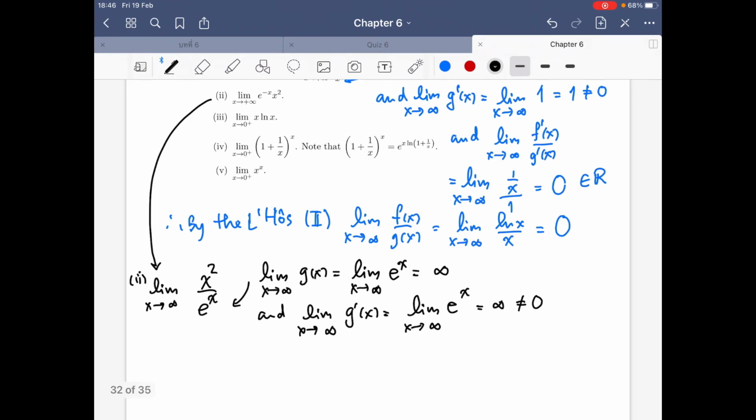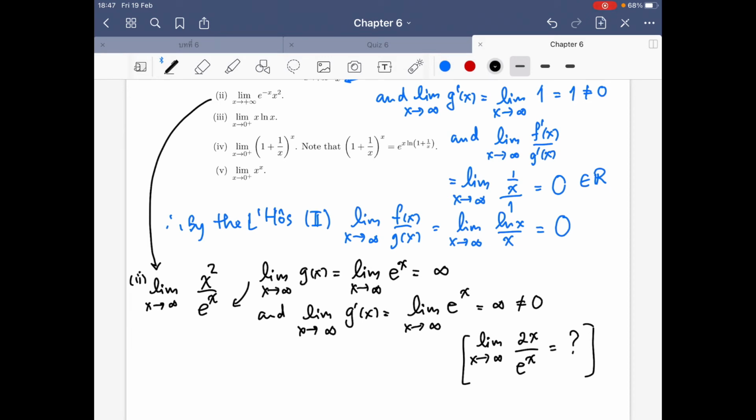All right, so it means that you may be able to apply L'Hopital's rule. However, as you apply L'Hopital's rule once, as on the scratch paper, where your f' and your g' look like this, you still cannot conclude.